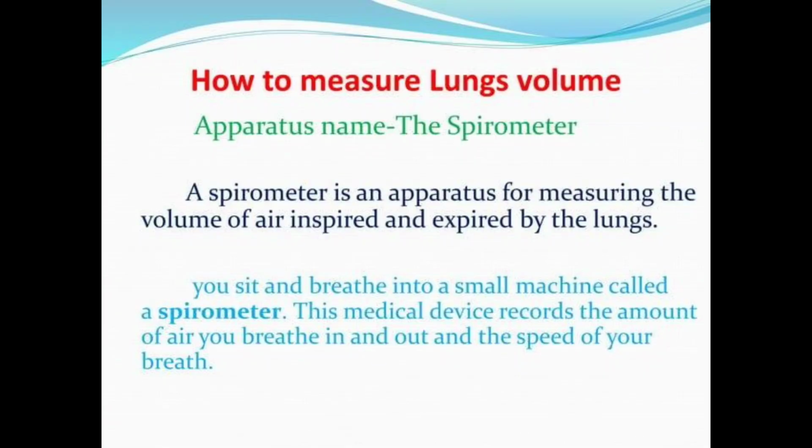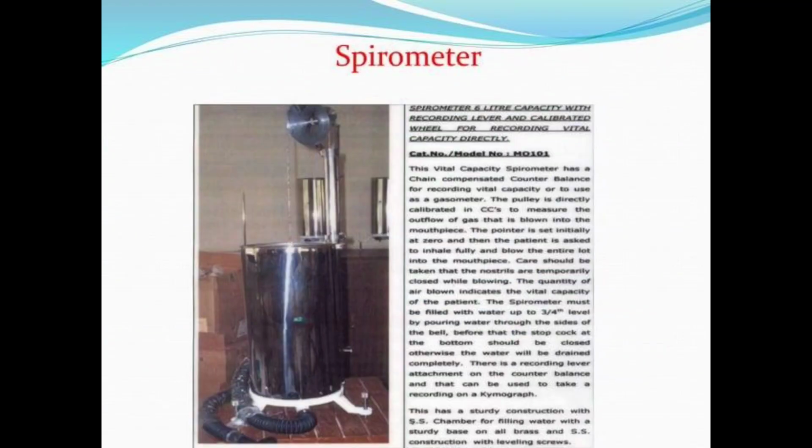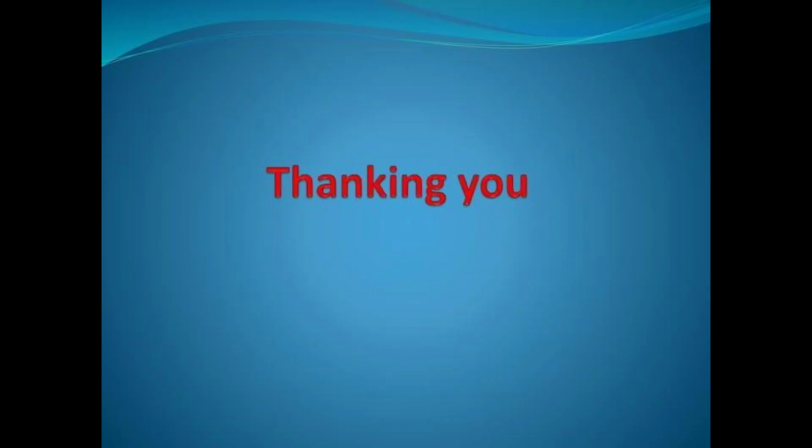This medical device records the amount of air you breathe in and out and the speed of the air. So the spirometer helps find out the volume of air inspired and expired by the lungs. This is the diagram of the spirometer.